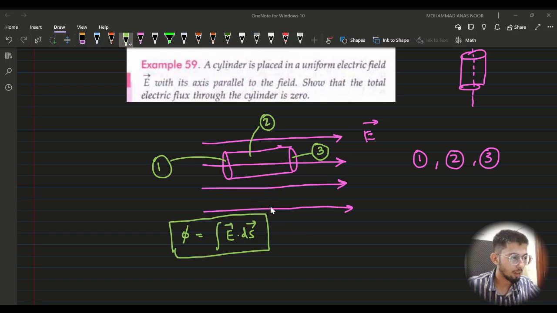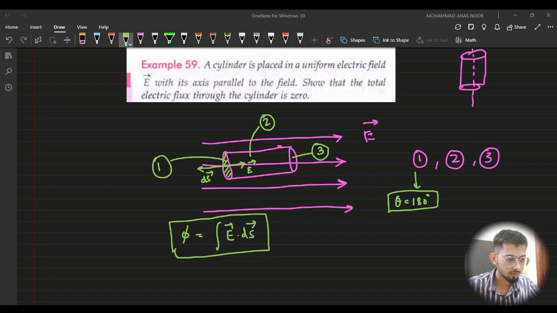Now how do we do that? First, the electric field is constant. If you talk of this surface, the electric field is in this direction, but the area vector ds would be in this direction. So in the first case, the theta between E and ds would be 180 degrees.